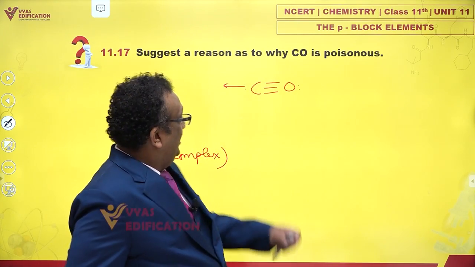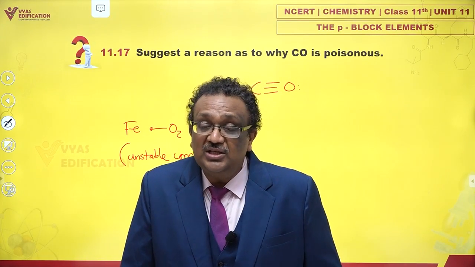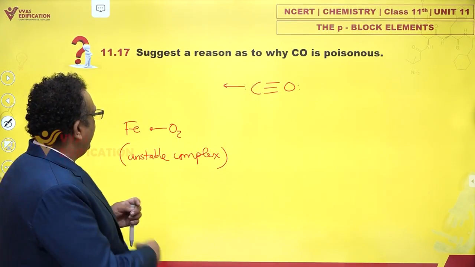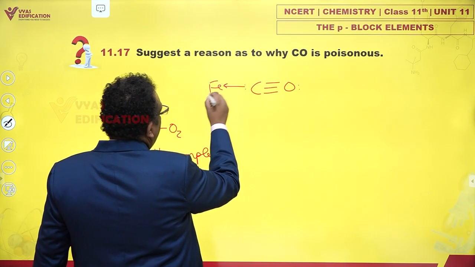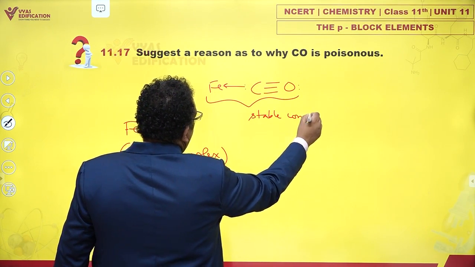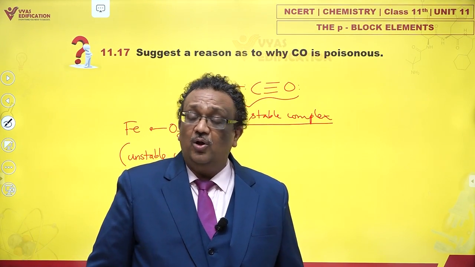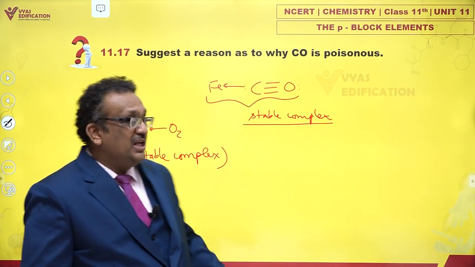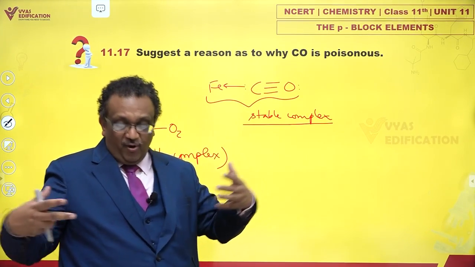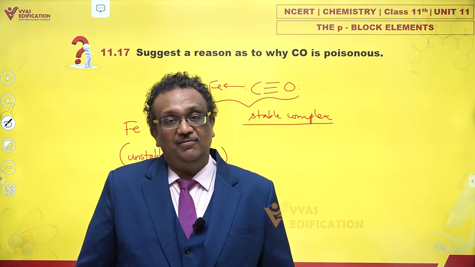And what happens if you take carbon monoxide? If you breathe carbon monoxide, it has great love for iron. It forms a very stable complex with iron. Now you may feel that stable complexes are good. No, not in this case. Because once carbon monoxide has formed a bond with iron, it is stuck. It does not leave iron.